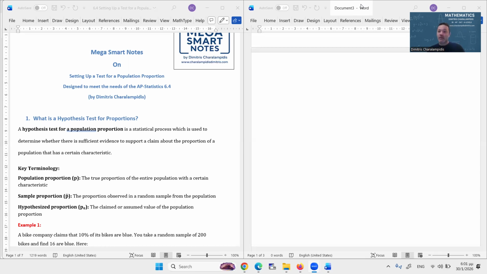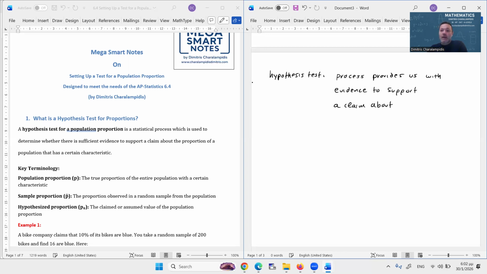To begin with, let's start with the definition so that we are all on the same page. A hypothesis test is just a process that provides us with evidence to support or not a claim about a population parameter.